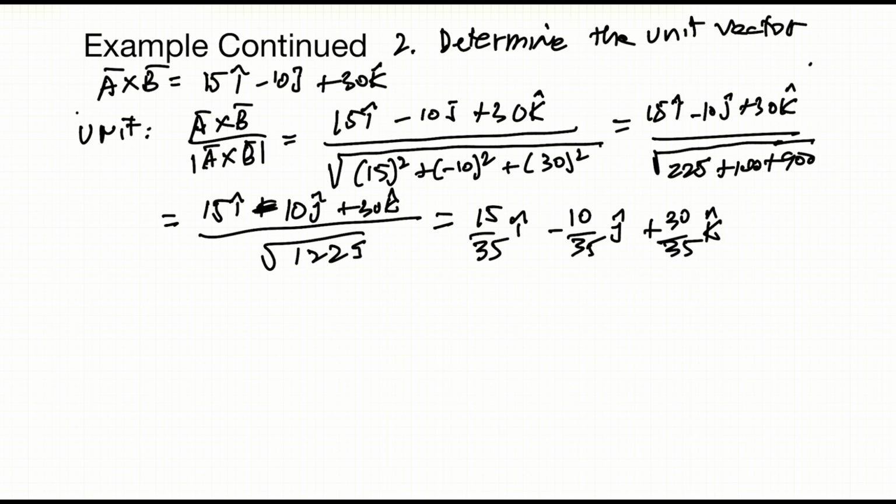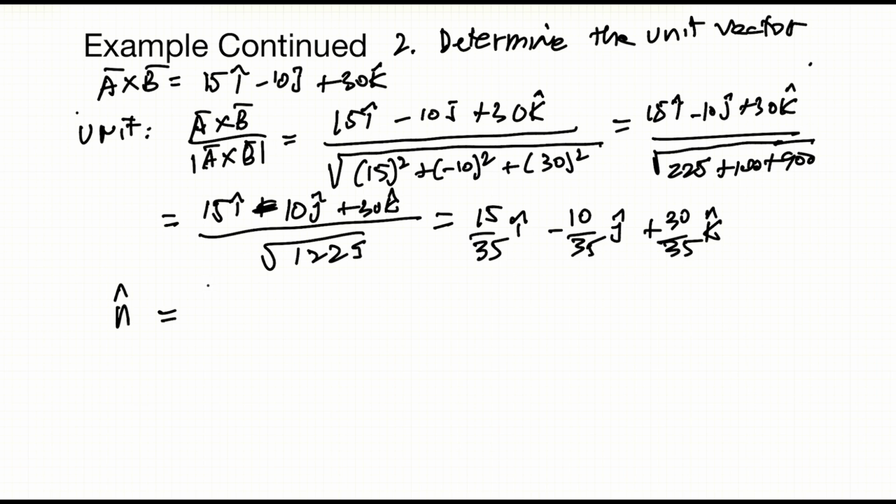So now we want to reduce this down. We see everything's divisible by 5. So let's just divide everything by 5 in the numerator and denominator, and we're going to get our unit vector that way. So we're going to call n our unit vector here because it is normal to the surface and has length 1.